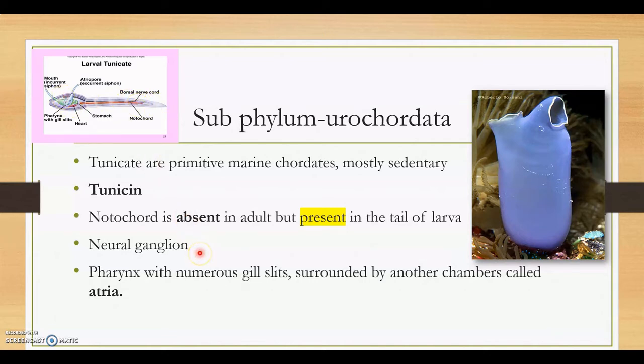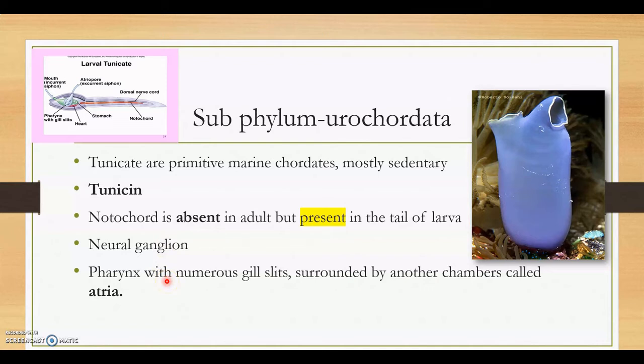But in the adult, it is completely reduced and forms just like a point, somewhere here. It's called a neural ganglion. So the nervous system is developed in the larval stages, but in the adult, it is reduced to a simple structure called a neural ganglion.